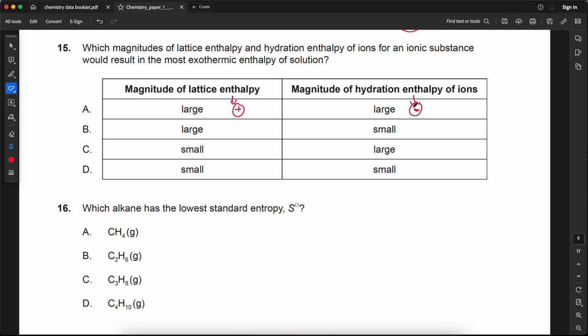So the hydration enthalpy should be very large to keep it exothermic, and the lattice enthalpy should be small to reduce the positive sign. Therefore, it should be small and large, so it's C.